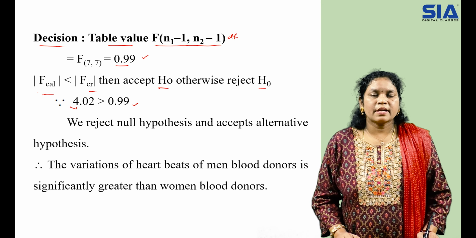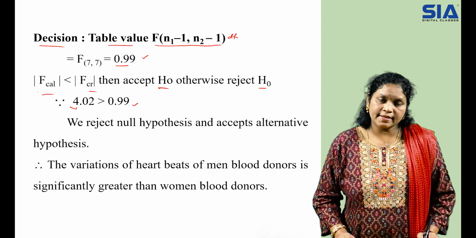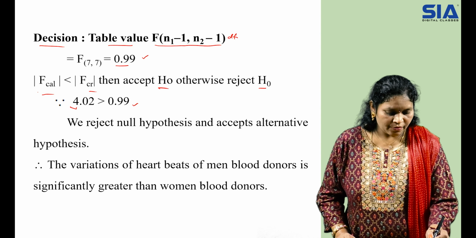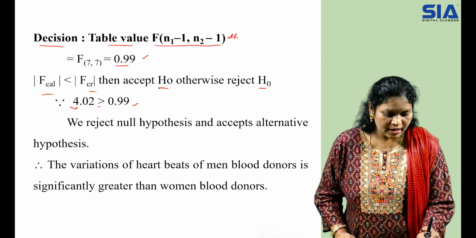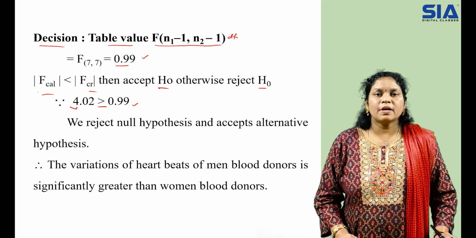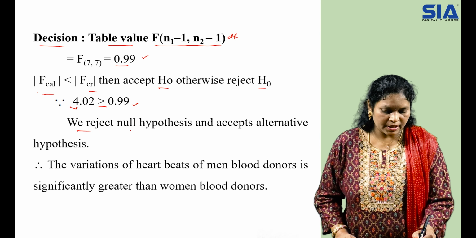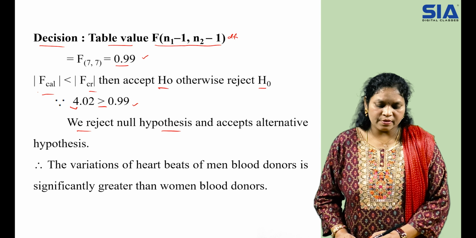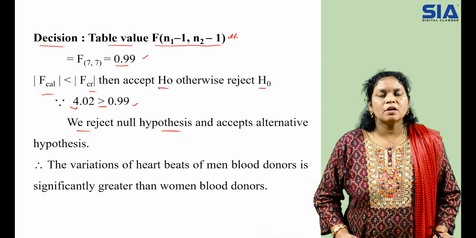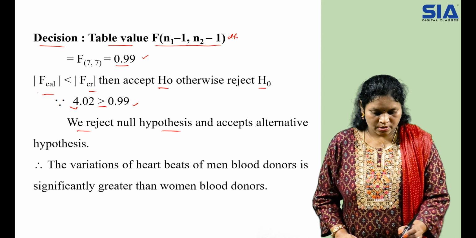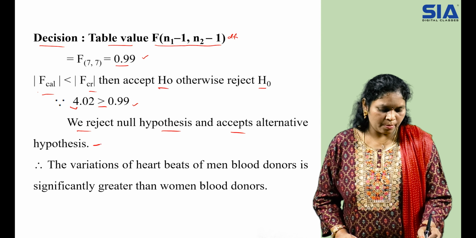So obviously our calculated value is greater than the critical value. So 4.02 is greater than 0.99, which means we have to reject the null hypothesis. Whenever we reject the null hypothesis, the alternate will be accepted. So we accept the alternate hypothesis.